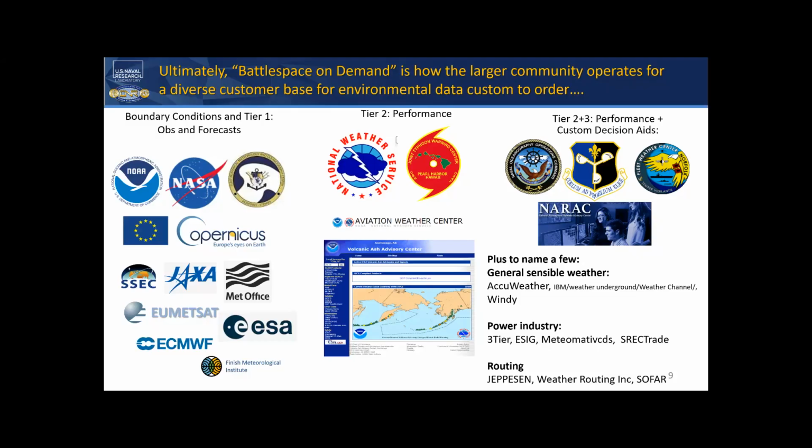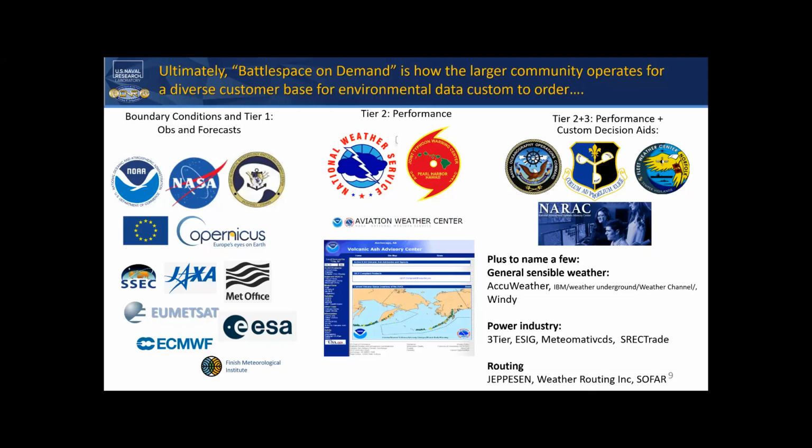Routing is huge. If you take a look at where airplanes are flying on Flightradar24, they will route aircraft to avoid headwinds, because jets burn a lot of fuel. A really good example of tier 1, tier 2, and tier 3 all rolled up into one is Sofar. You can buy a Sofar buoy for, I guess, about $3,000.